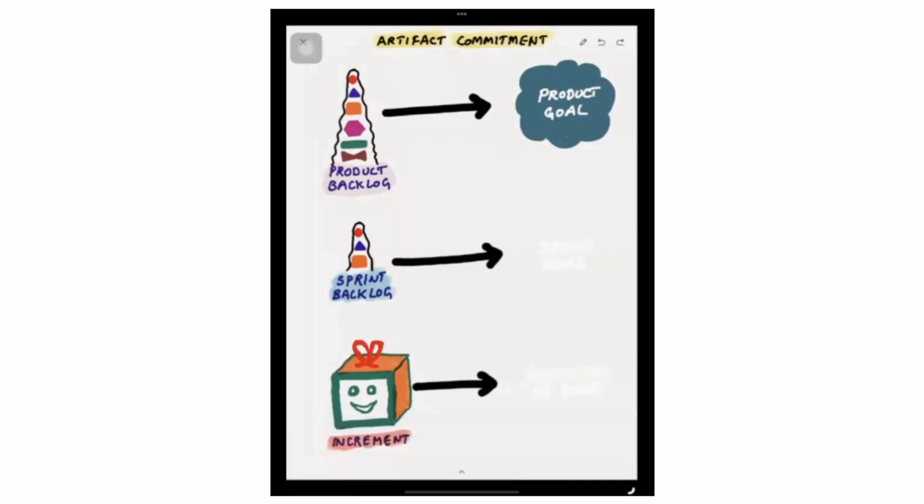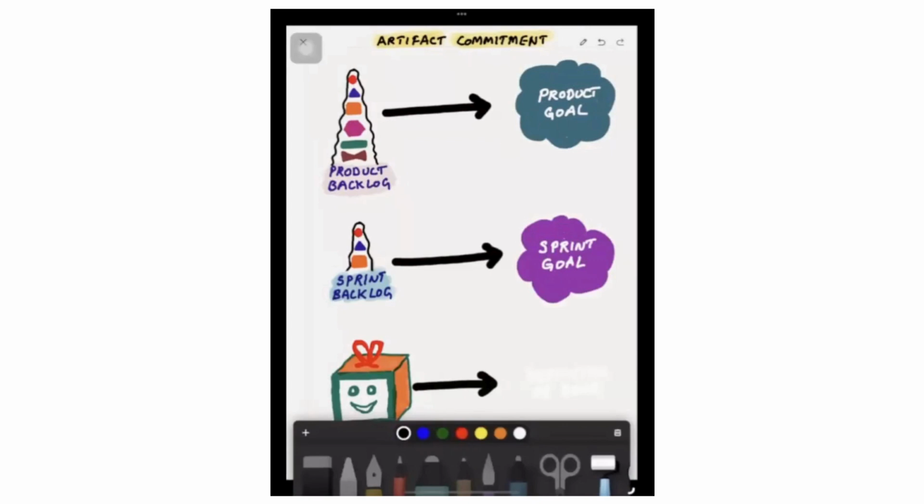Similarly, the sprint backlog commitment is the sprint goal, which means any item that is to be part of the sprint backlog should be in line with the sprint goal, and it should help support meeting the sprint goal. And there's obviously a dotted line relationship from sprint goal to product goal, which means multiple sprint goals will eventually help you achieve the product goal.